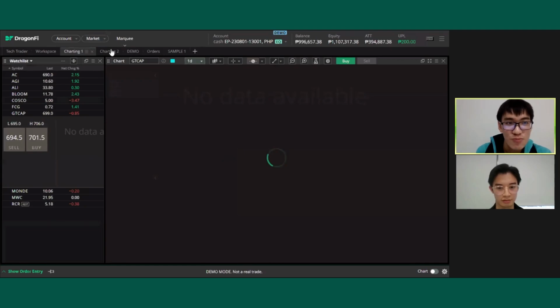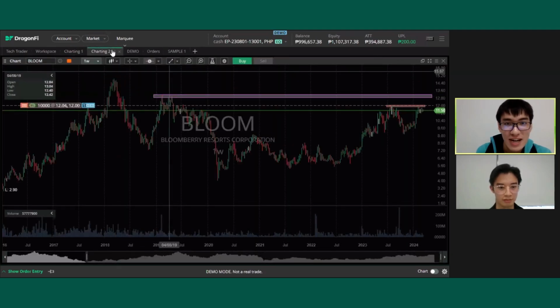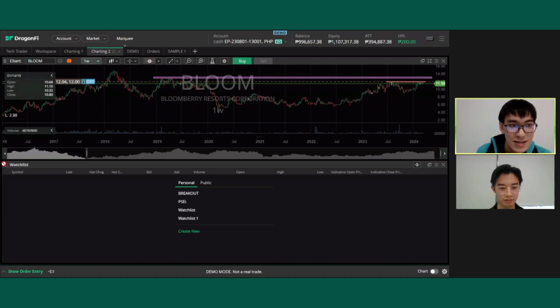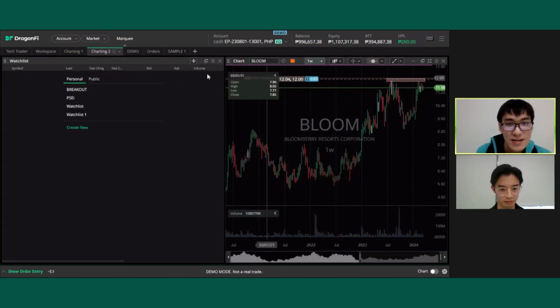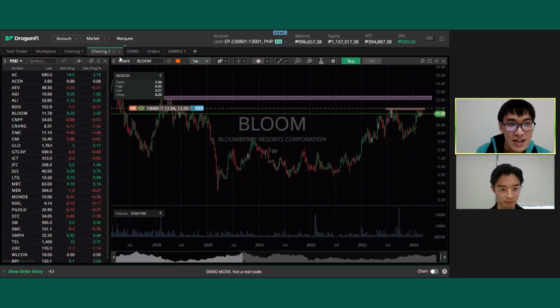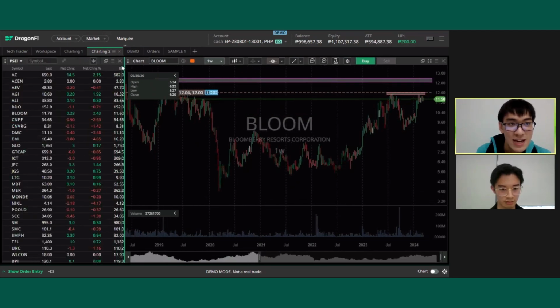Then you can also put your watch list beside it. For example, let's add our watch list and put it beside, side by side. So PSEI, then let's link it together.